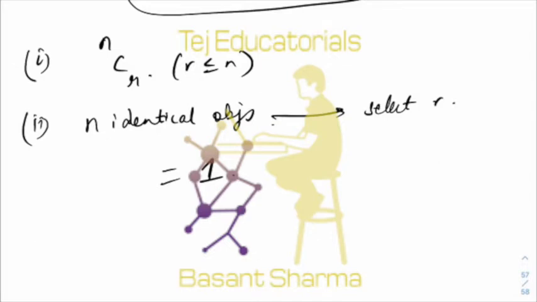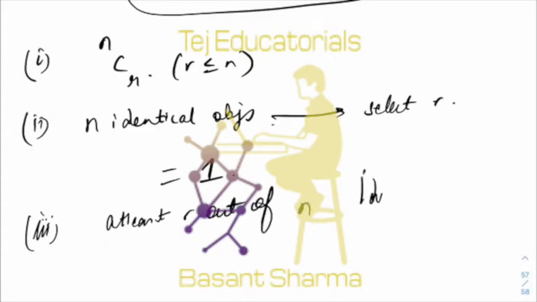Now, if I expand this point number 2, and I ask what are the number of ways of selecting at least r objects out of n identical objects, then what will that be? I told you in a previous lecture that whenever you encounter a statement which has the word at least or at most in it, convert it into exactly.